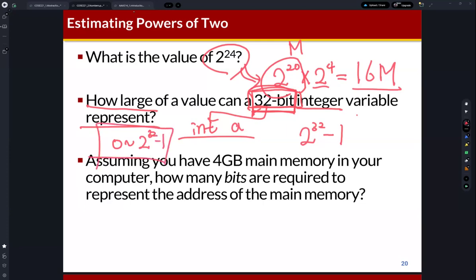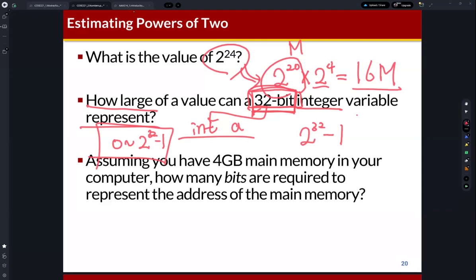That is the range of numbers that can be represented using 32-bit data. So C is tightly coupled with the hardware, but Python is a little bit different. That's why Python is so easy to run.